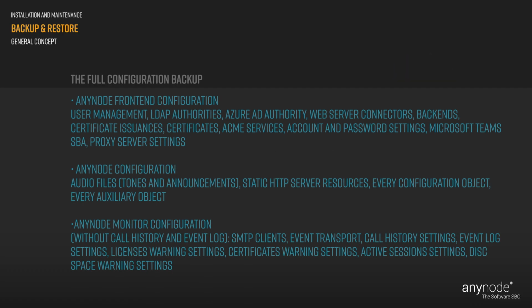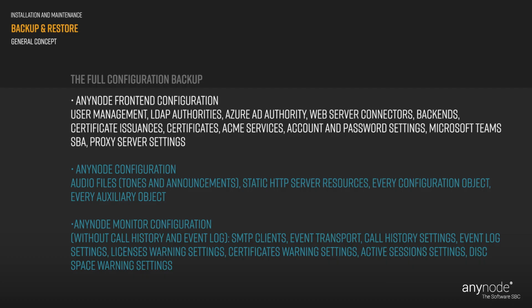The full configuration backup. This option includes comprehensive settings and data related to the anynode frontend, anynode configuration, and anynode monitor configuration. Anynode frontend configuration: user management, LDAP authorities, Azure AD authority, web server connectors, backends, certificate issuances, certificates, Acme services, account and password settings, Microsoft Teams SBA, proxy server settings.